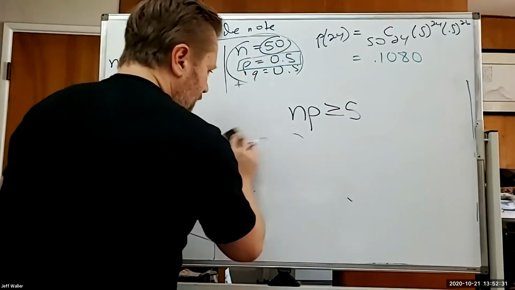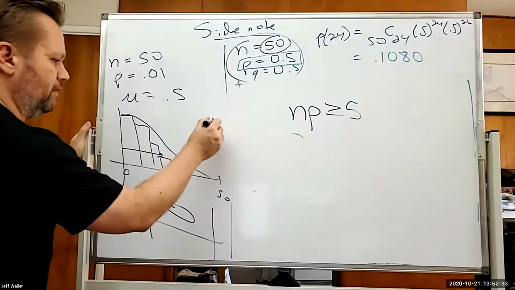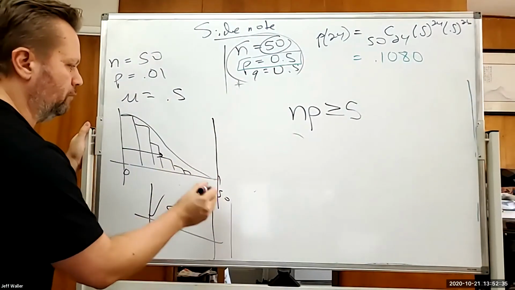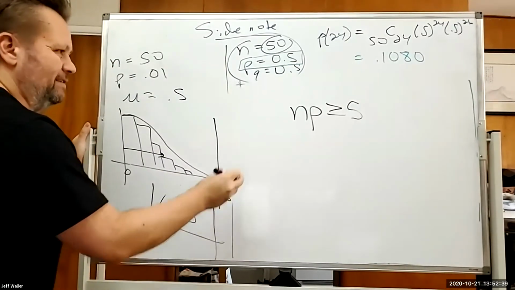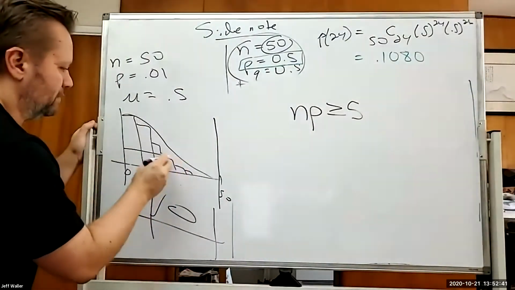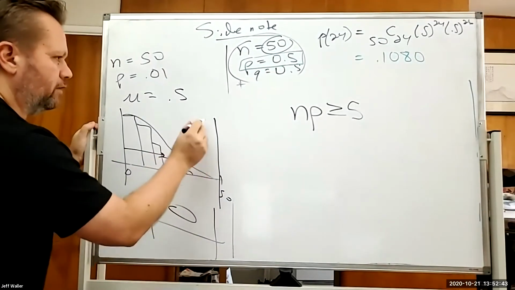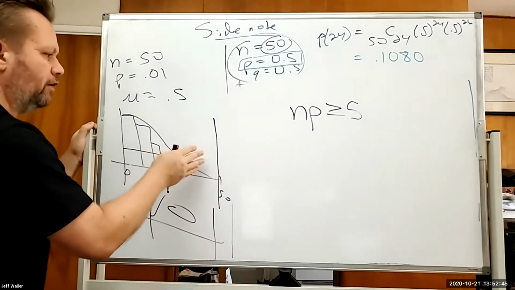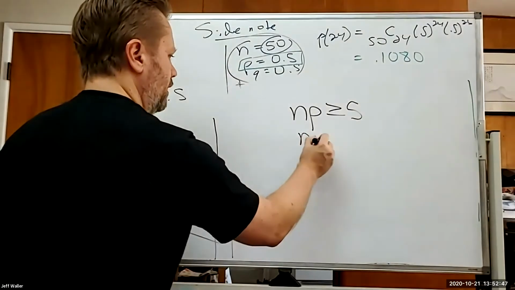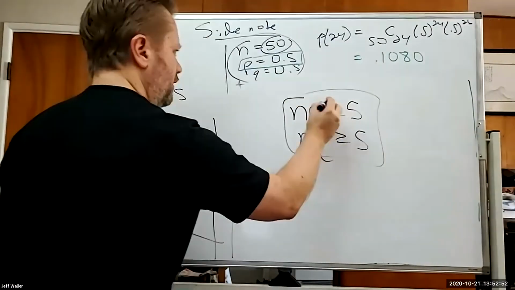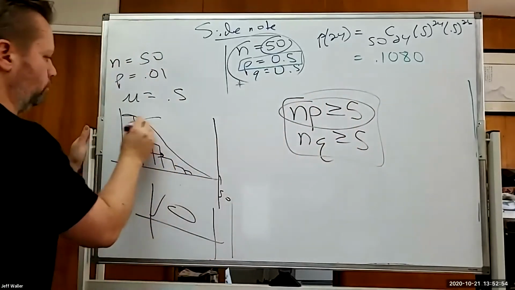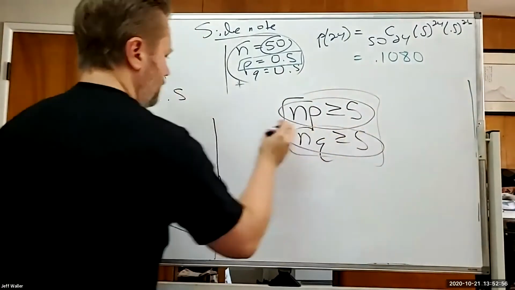Now, at the same time, you have the other wall to worry about. Let me see if you guys are cool with this: the number of failures, the average failures, can't be too big either. I always think of this as this wall and this as this wall.